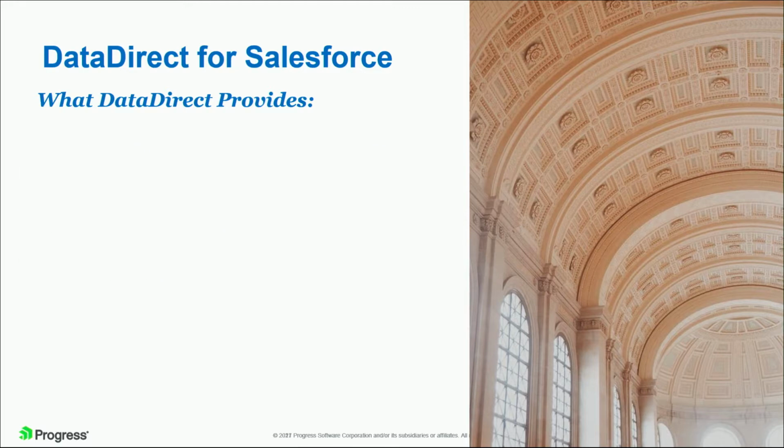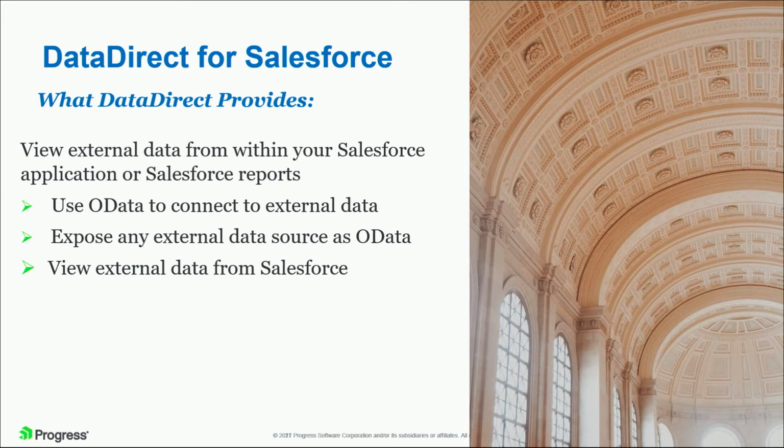So moving on, the second main reason is Data Direct enables you to view external data from within your Salesforce application or Salesforce reports. And this is essentially done by the fact that Data Direct's Salesforce Connect feature uses OData to connect to external data. And Data Direct also, for Salesforce, can expose any data source as OData.